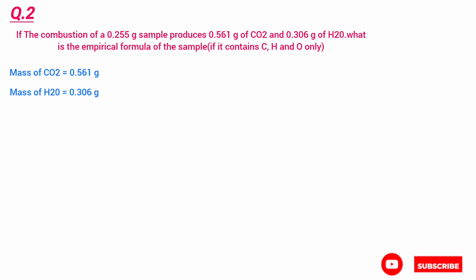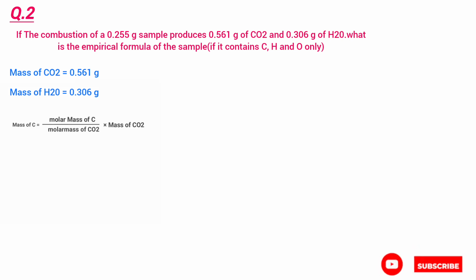So the first thing we need to do is to find the mass of carbon in CO2 and the mass of hydrogen in H2O. Now, for the mass of oxygen, after getting the mass of carbon and the mass of hydrogen, we add it together and subtract it from the mass of the sample to get the mass of oxygen.